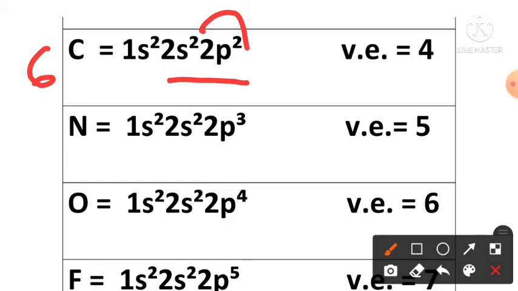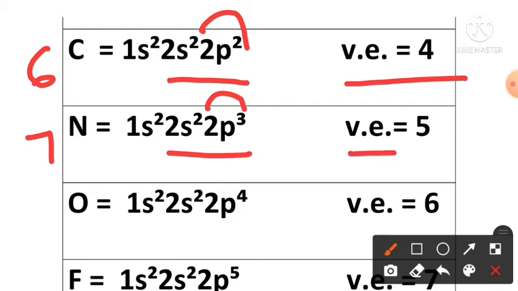So valence electron is 4. Now next, nitrogen. Z of nitrogen is 7. So we write electronic configuration 1s2, 2s2, 2p3. We know that the outermost shell of nitrogen is 2s2 and 2p3. So we have to add 2 and 3 electrons. That means valence electron is 5.